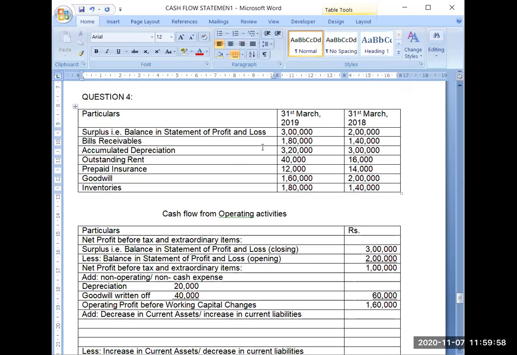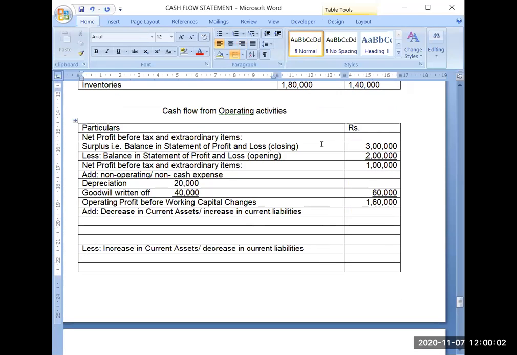Bills receivable is a current asset and it is increasing by 40,000. So increase in current assets will be subtracted.